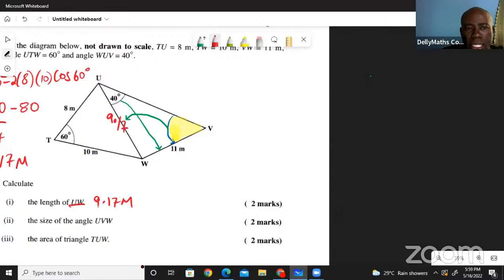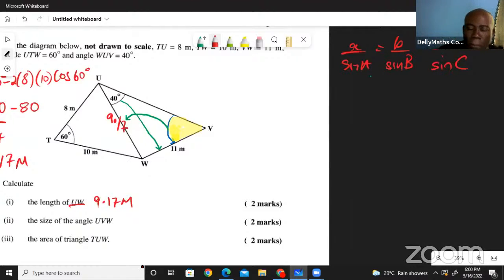The sine rule is a concept that says a over the sine of big A is equal to b over the sine of the angle at B is equal to c over the sine of the angle at C. All right. So that's the idea we're going with right now.